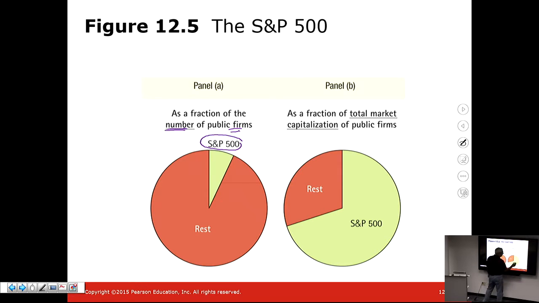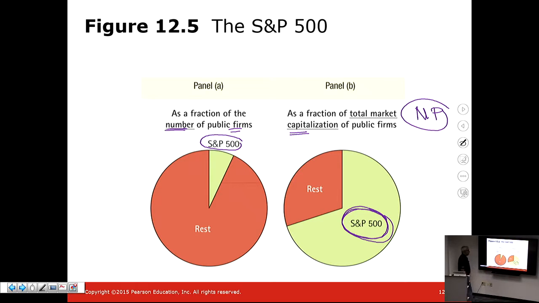And yet, they represent close to 70 to 75% of the total market capitalization, which means I have taken N times P for each stock and I've added them all up for all stocks in the economy, and these 500 stocks represent close to 70% of the overall market capitalization for the entire stock market.